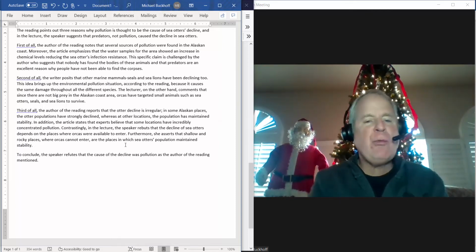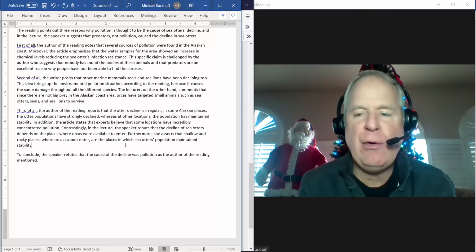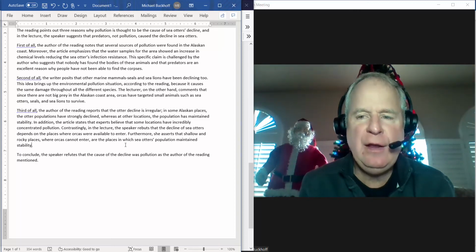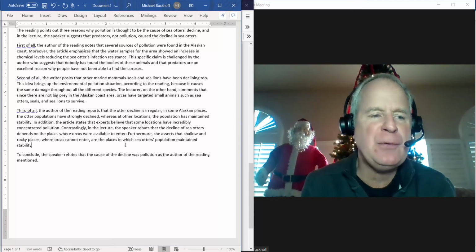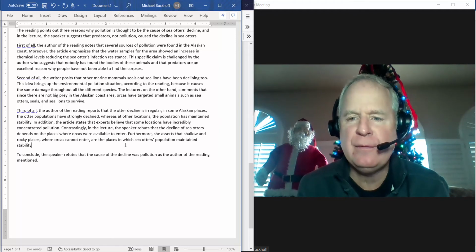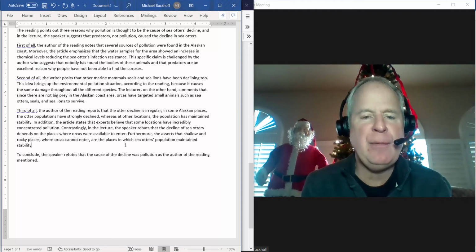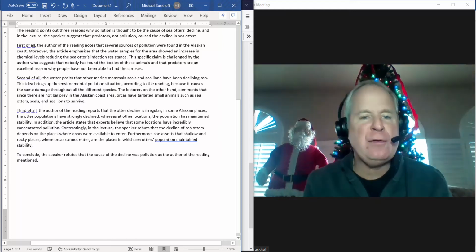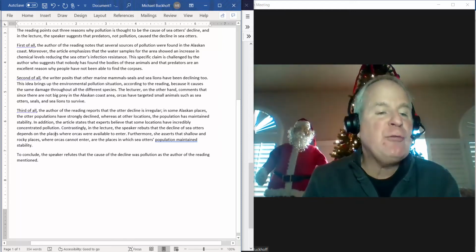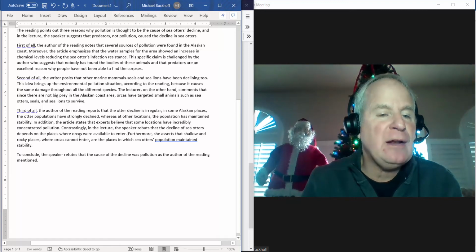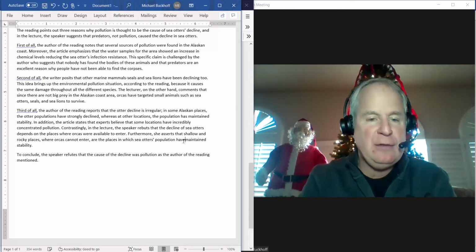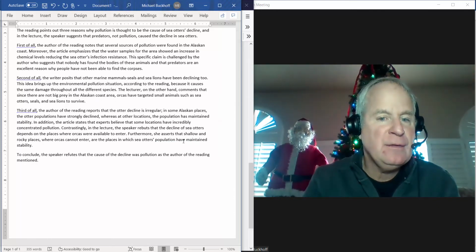So when you use a regular verb like maintained, you're going to need to have a noun after that, and stable is an adjective, right? If you have a linking verb, you say, well, the population is stable, then you could use stable, but you said maintained. So then I think we fix the sentence. Furthermore, she asserts that shallow and rocky places where orcas cannot enter are the places in which sea otters population maintained stability. Maybe change this to have maintained.